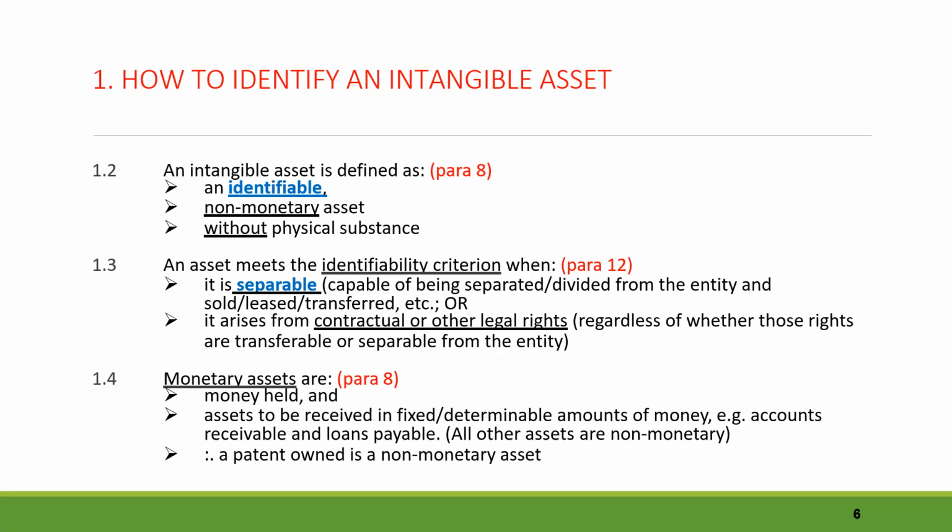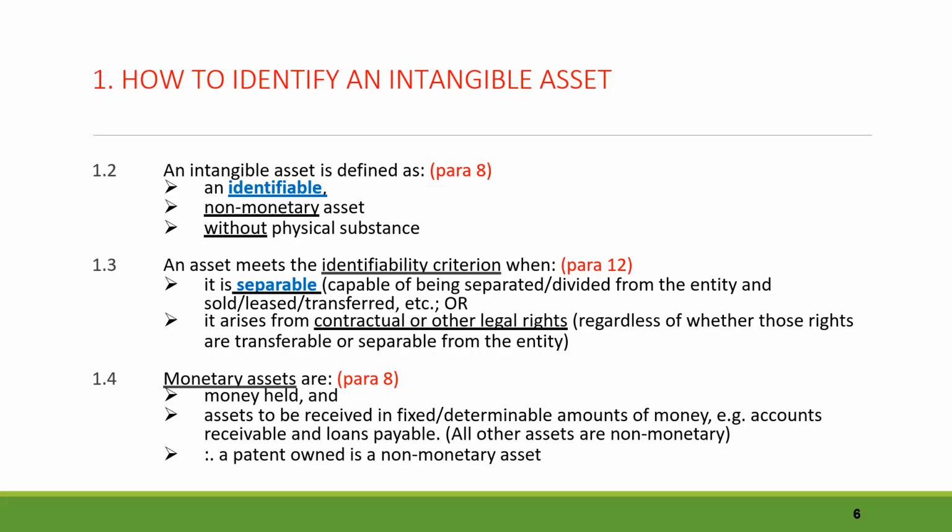Now, IAS 38 is the standard that helps us to understand what intangible assets are and what the rules are to account for intangible assets. And paragraph 8 of the standard defines the intangible asset. So it's an identifiable, non-monetary asset without physical substance. We know that an asset is a resource controlled by an entity.